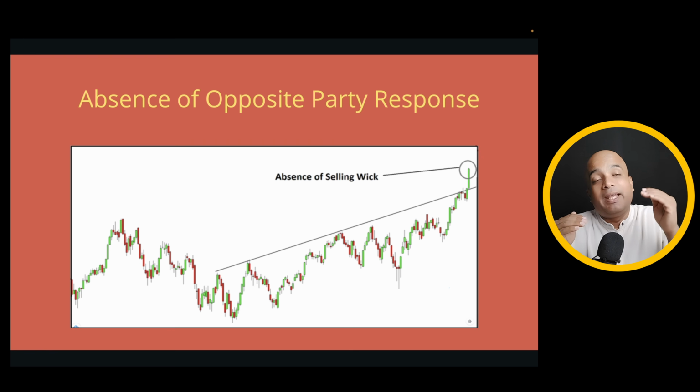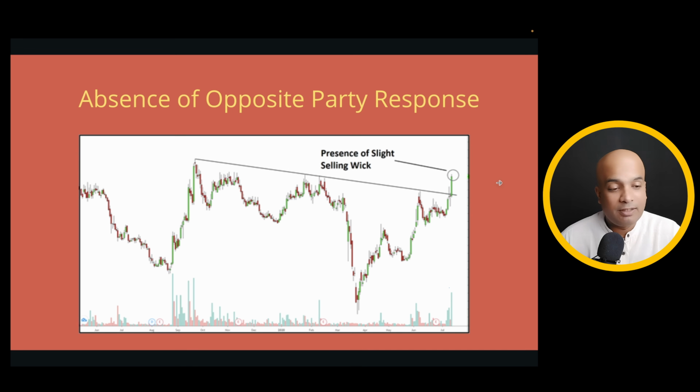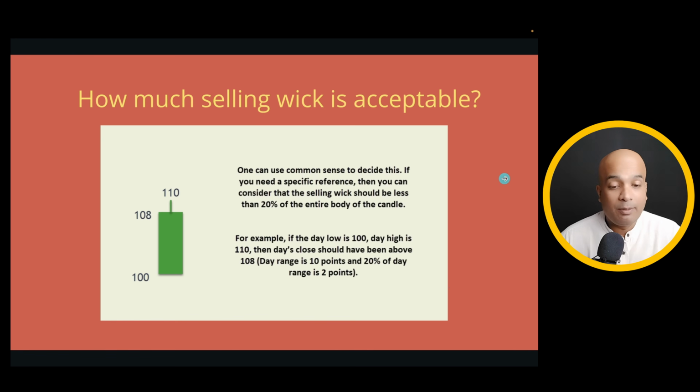So the third parameter is absence of opposite party response, or absence of selling wick. See here, the selling wick is very small. This confirms buyers are really strong at this level and are accumulating all the selling positions.